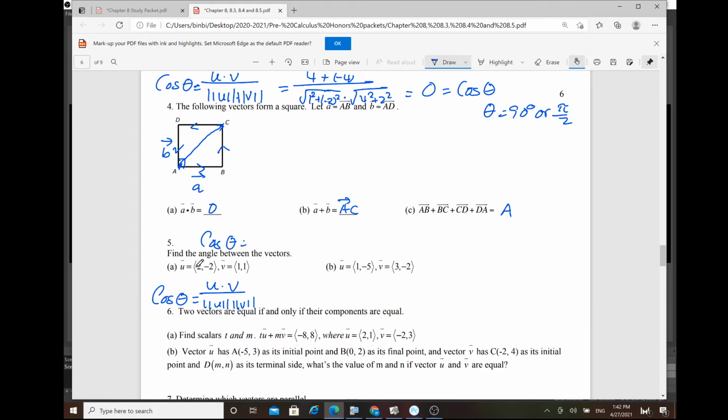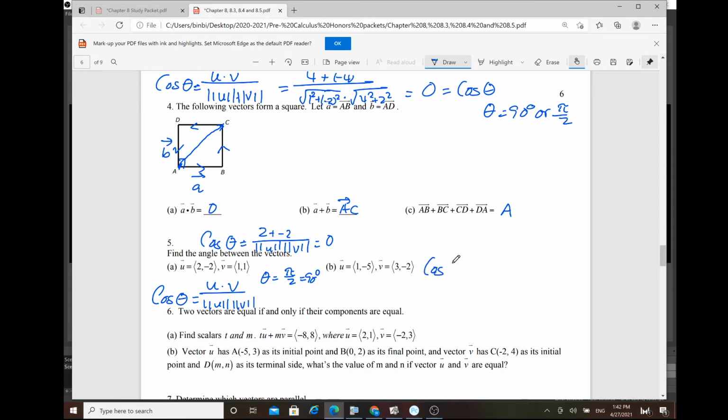So u dot v: 2 times 1, so 2, plus negative 2 times 1, negative 2. No need to find the magnitude, because the numerator is always 0. So if the ratio is 0, that means theta is what? Pi over 2, or 90 degrees. Again, those two vectors are orthogonal.